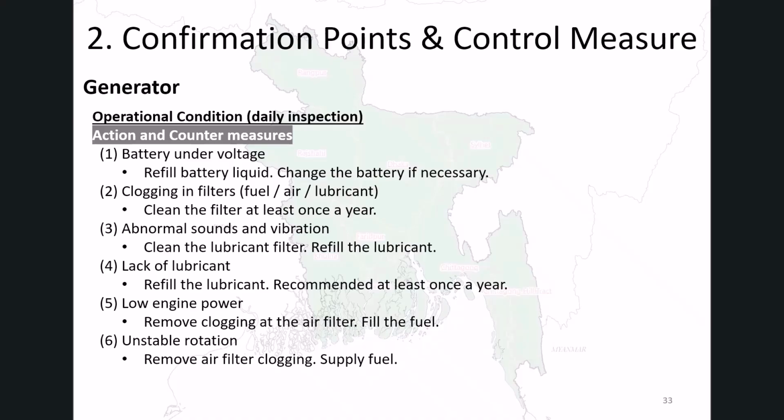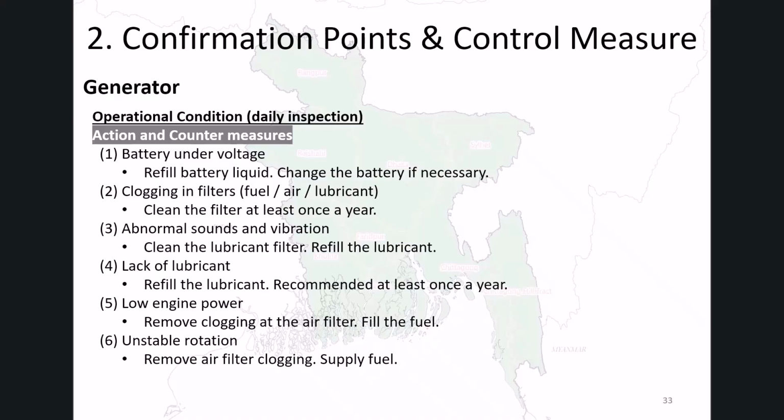Fourth, lack of lubricant. If lubricant shortage is confirmed, replenish the lubricant immediately. Regular lubricant replacement is recommended at least once a year to maintain proper engine protection and performance. Proper lubrication reduces friction, overheating, and part wear. Fifth, low engine power.